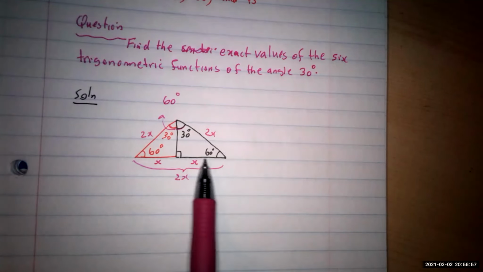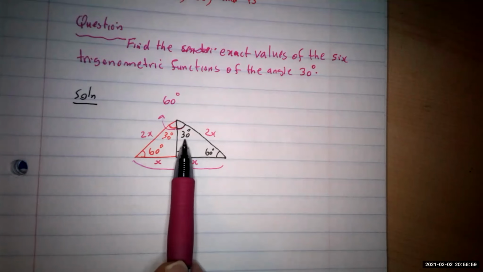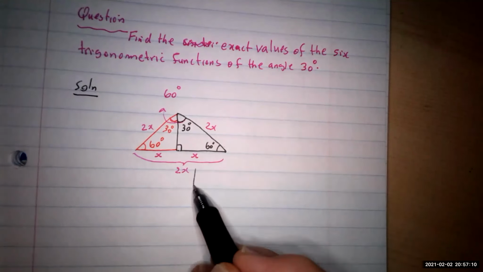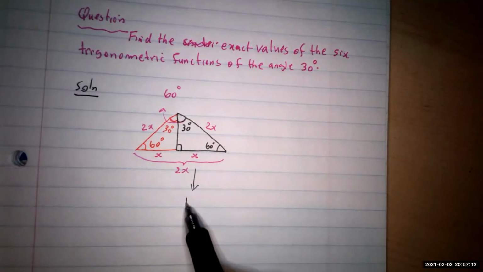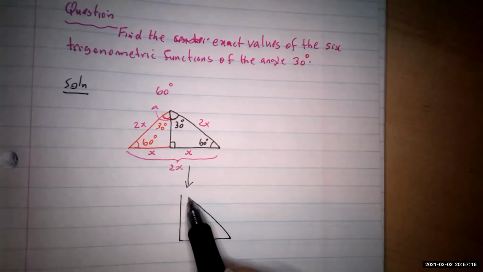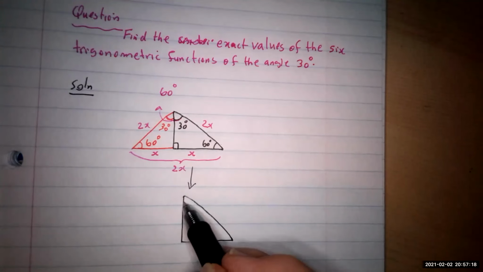That's something from geometry: the side opposite the 30 degrees angle is half of the hypotenuse. We just use this observation and bring down our triangle again. Any question? It's just a theorem from geometry.